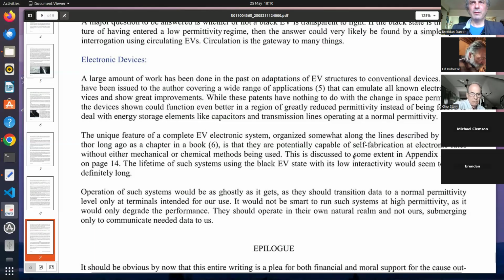This is discussed to some extent in Appendix 3, found on page 14. The lifetime of such systems using the black EV state, with its low interactivity, would seem to be indefinitely long.